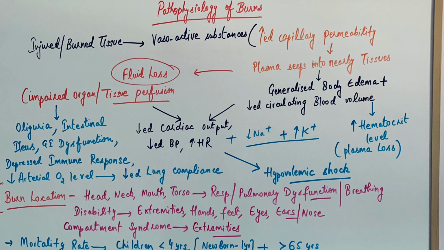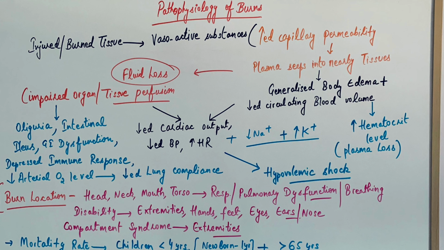Among the signs and symptoms, hypotension occurs, and to compensate for that, the heart will function more. It will increase the load on the heart, which leads to increased heart rate. So these are the main signs and symptoms: the patient will have low BP and increased heart rate or pulse rate.